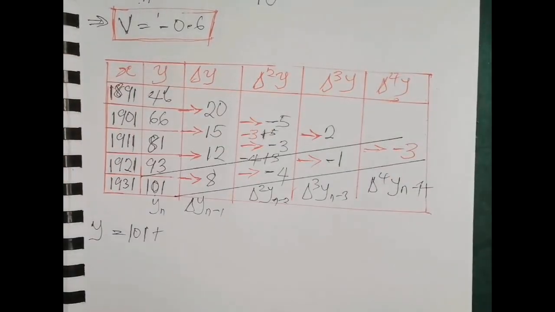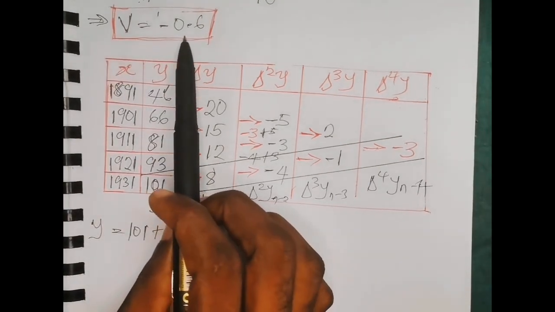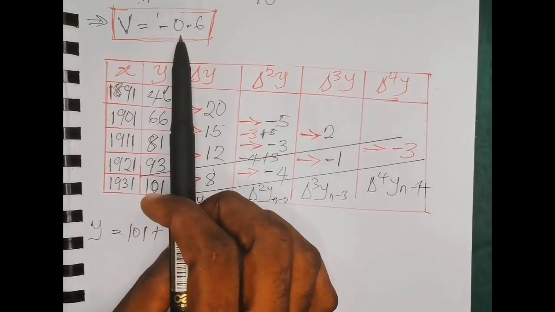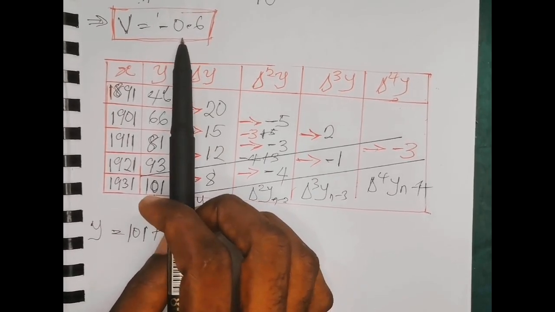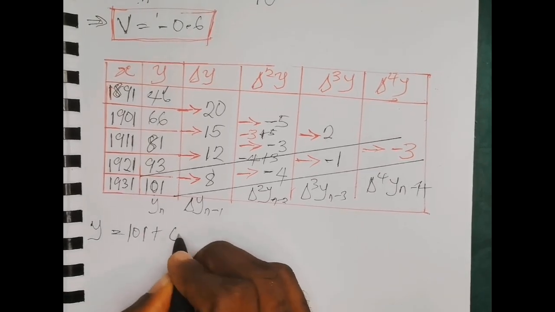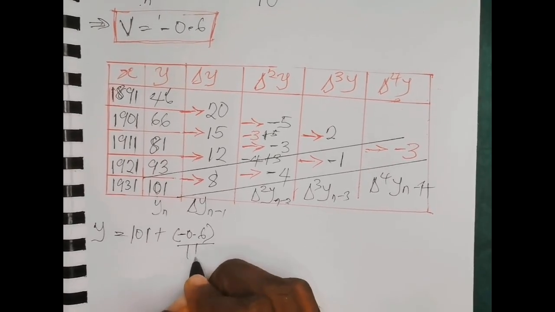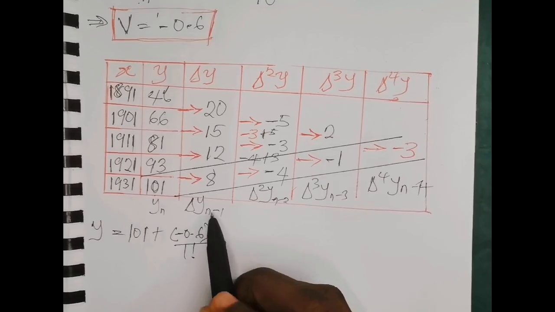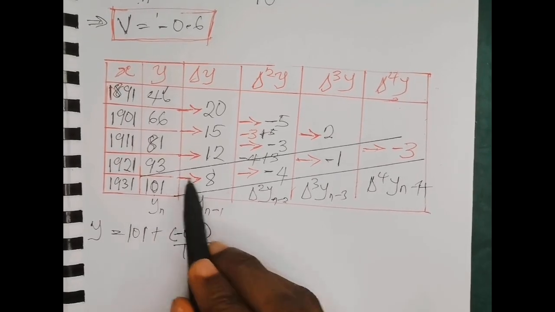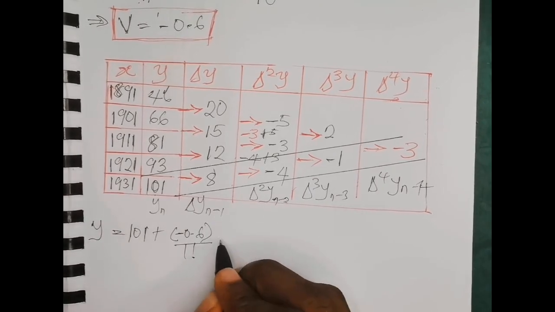We obtained v earlier to be negative 0.6. So you have plus negative 0.6 over 1 factorial multiplied by delta yn minus 1, and delta yn minus 1 here is 8. So multiply by 8.